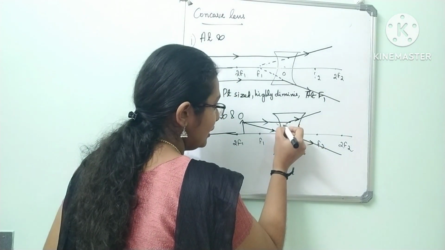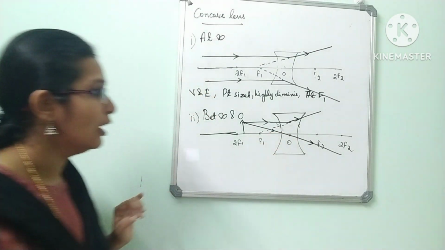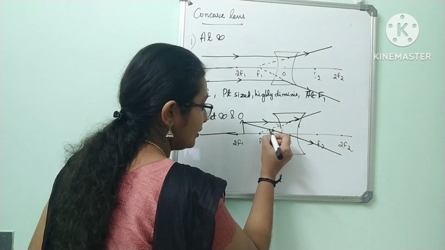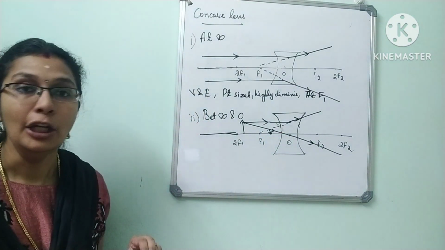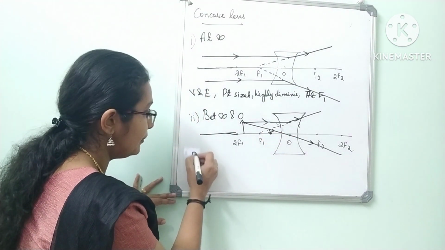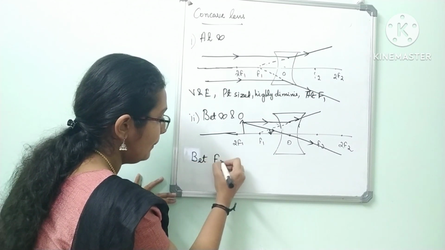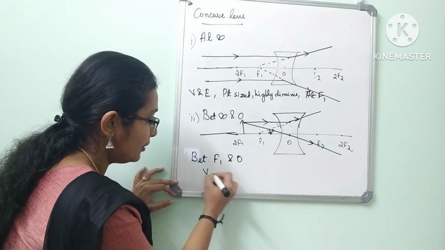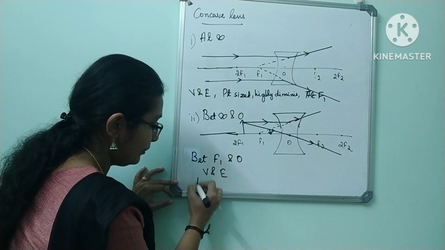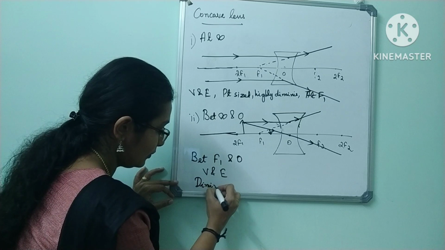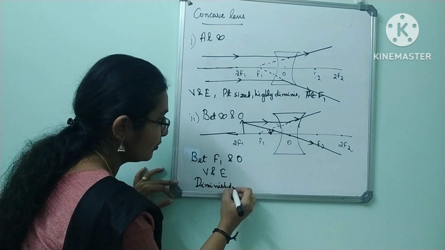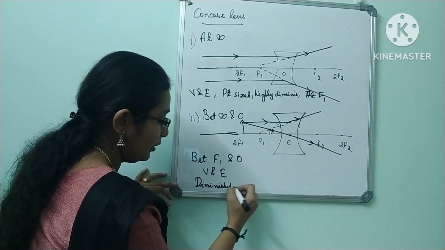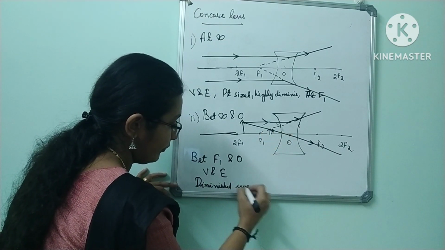Clear? So it appears to come from here. Where both the rays meet, your image is obtained. Yes or no? So here only your image is obtained. So between infinity and O, you will get the image between F1 and O. What kind of image? Virtual and erect, diminished image. Here only you will have the arrow, right? So diminished image. Clear?